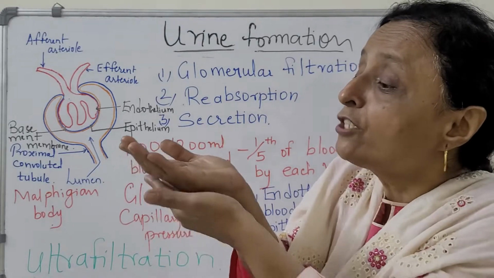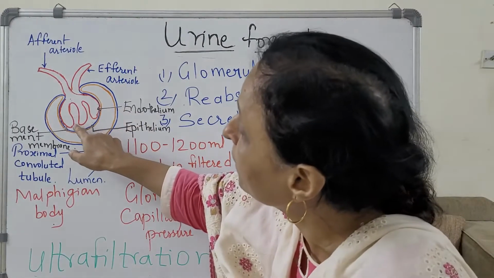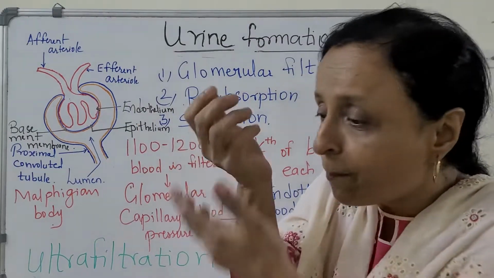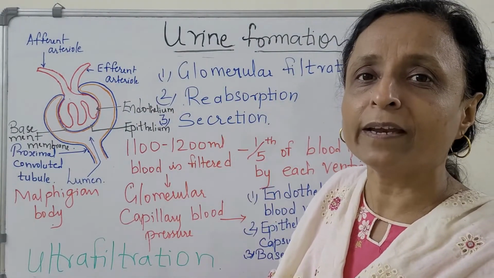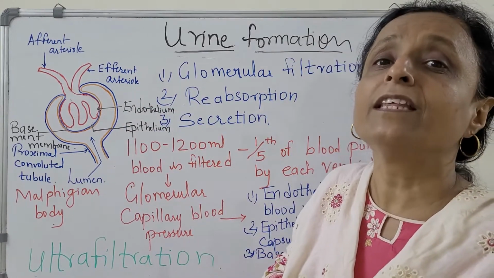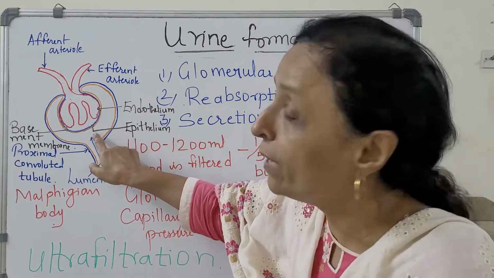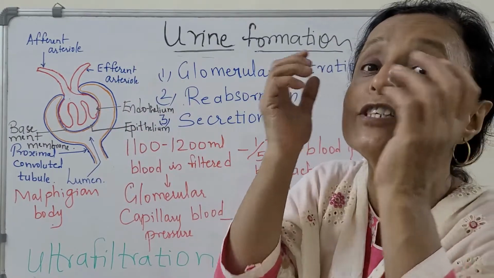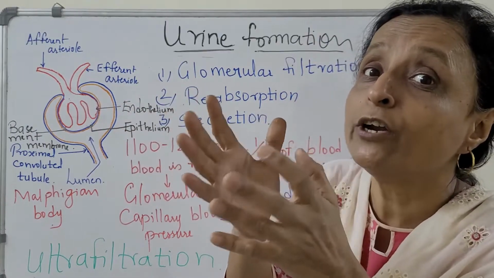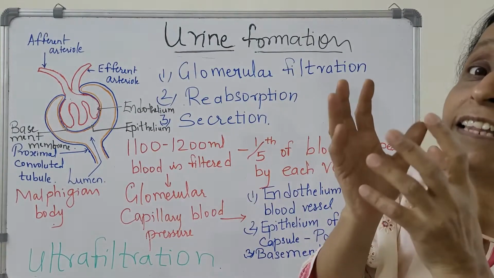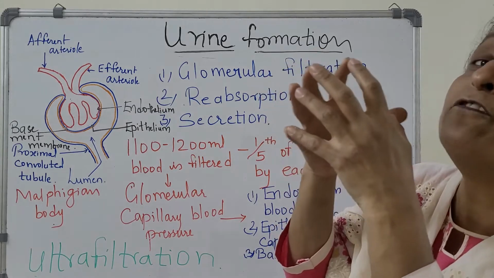It will pass through the basement membrane. There is a basement membrane which is present. It will pass through the basement membrane and then it will pass through the epithelium of this Bowman's capsule. This epithelium is made up of special cells which are known as podocytes. Podocytes are the cells which have legs.